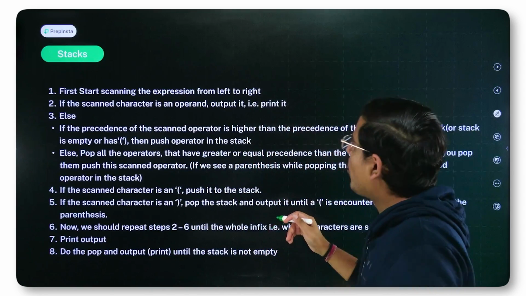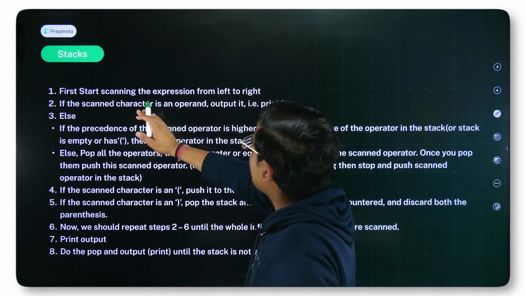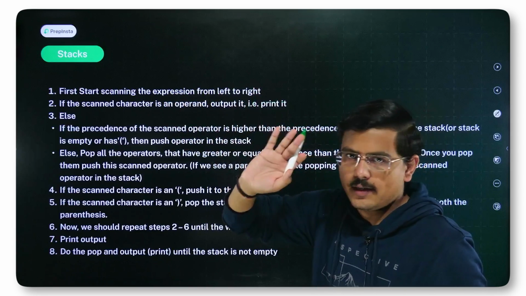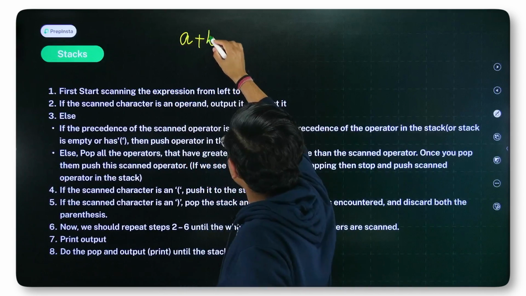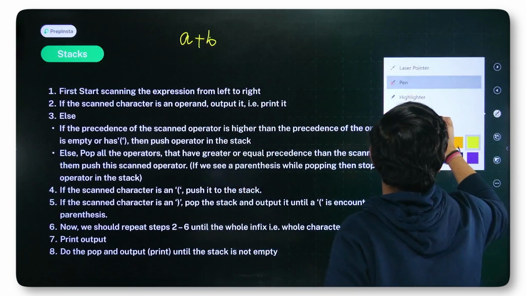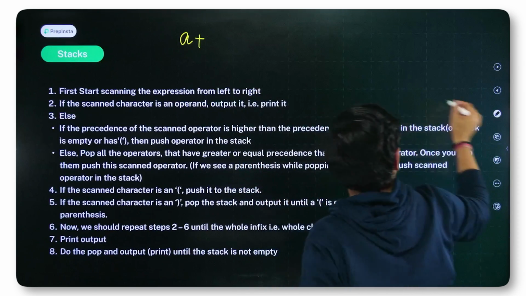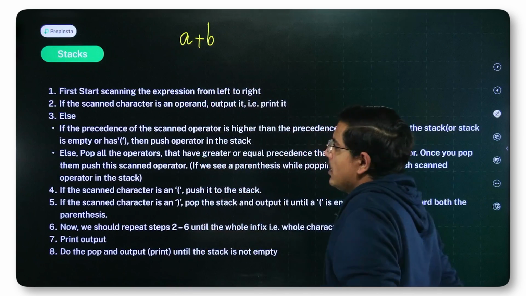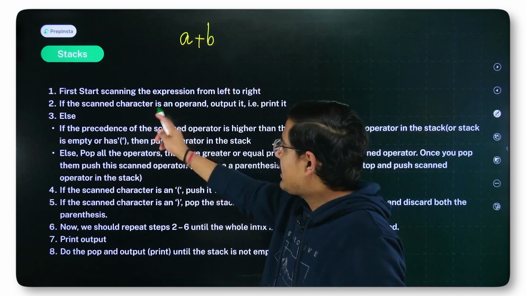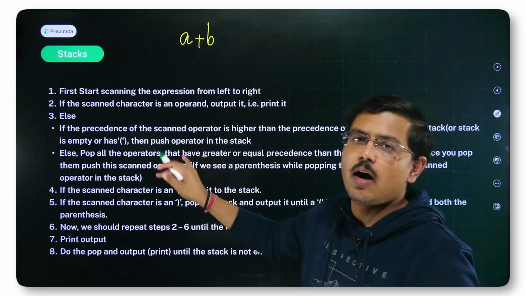Now, start scanning the expression from left to right. Say that this is the expression only. I'll start from simpler expressions and then we'll move to complex expressions. Now, if the scanned character is an operand, output it.